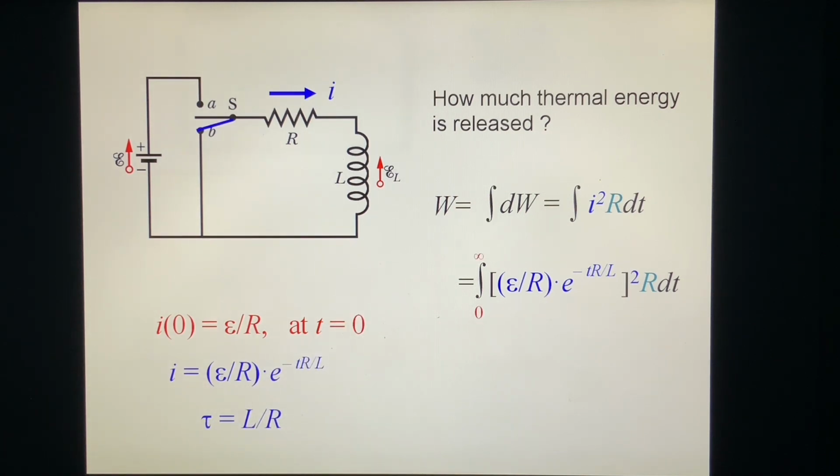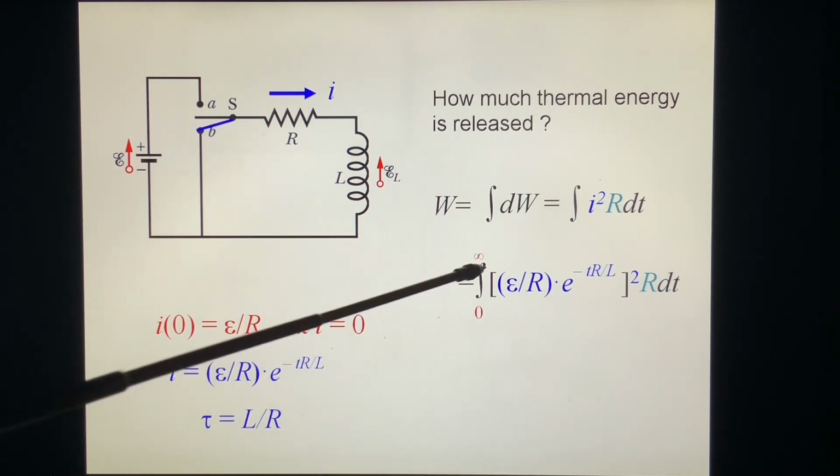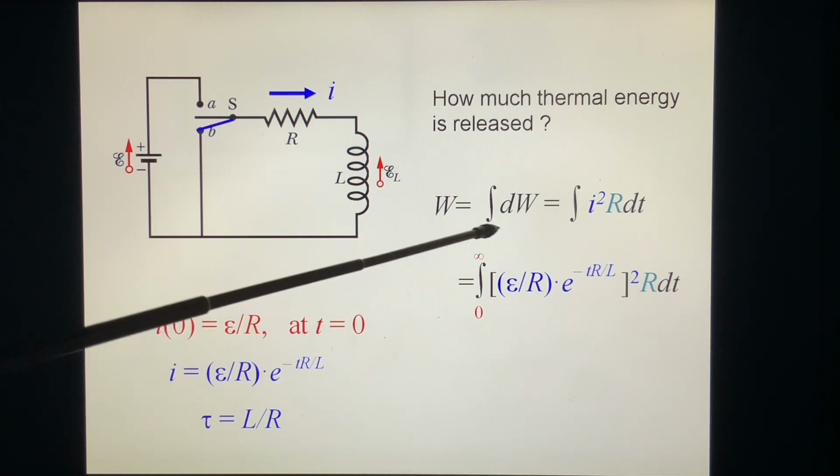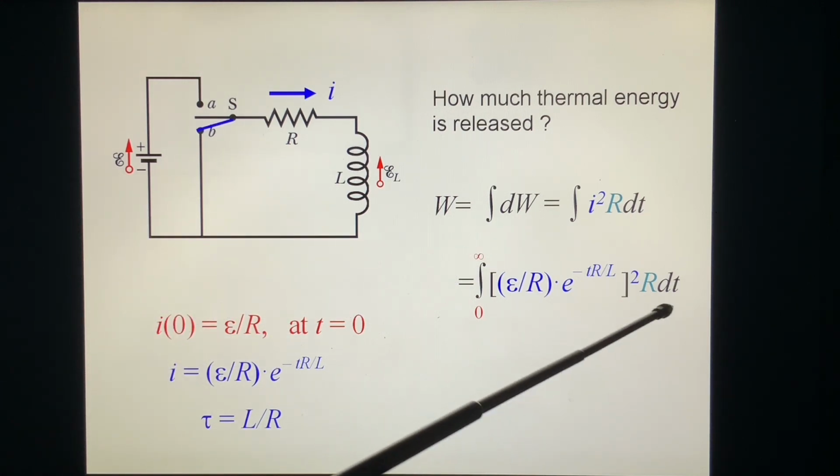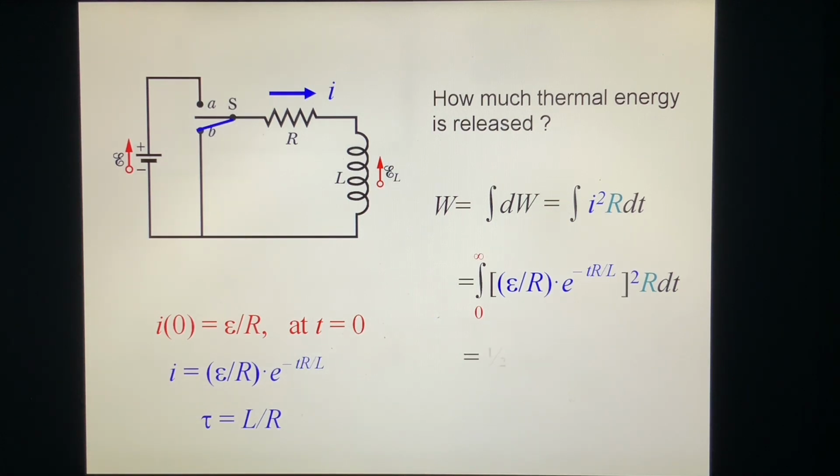Actually, you don't need infinity, but theoretically it is infinity. The integration is easy, and we get half L times epsilon over R squared. This is I0 at t equals 0, so this is half L I0 squared.